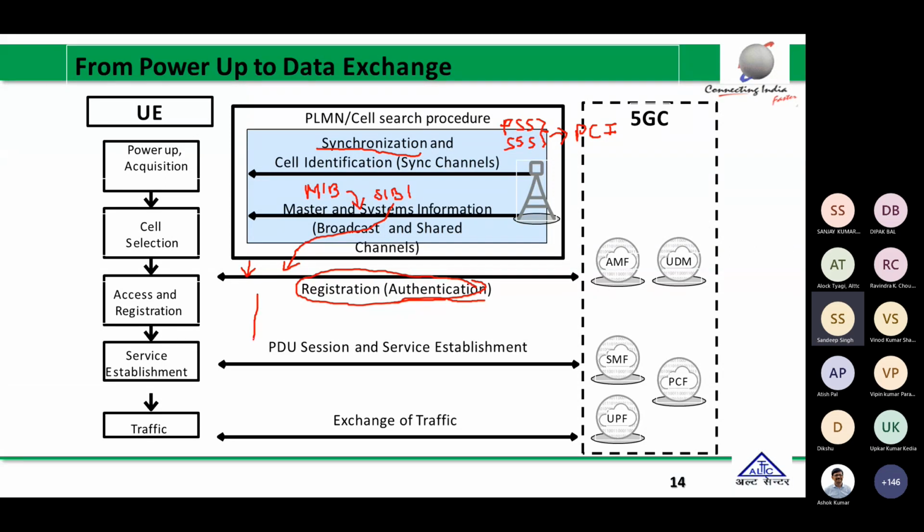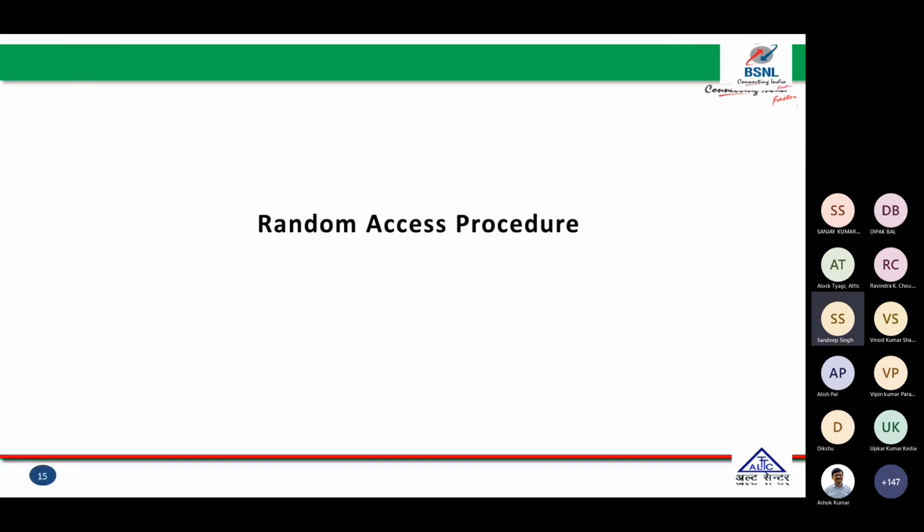After the registration, there is a PDU session establishment between the UE and the core network, and from the core network to the external data network, DNN. After PDU session setup, they exchange traffic between the UE and the DNN or UPF. This is the overview of how signaling and user data traffic move from the UE to the core network and then to the external data network.